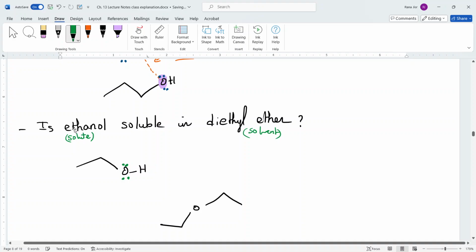The solute has to have less than 5 carbons in there, not the solvent, the solute. So ethanol, yes, it has 2 carbons in there, so it is going to dissolve.